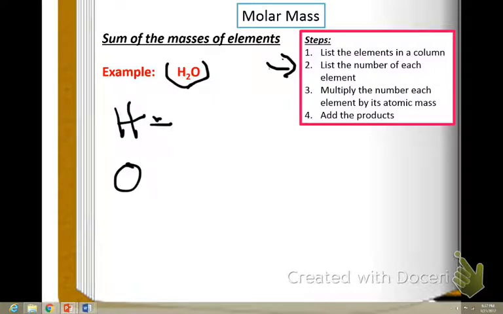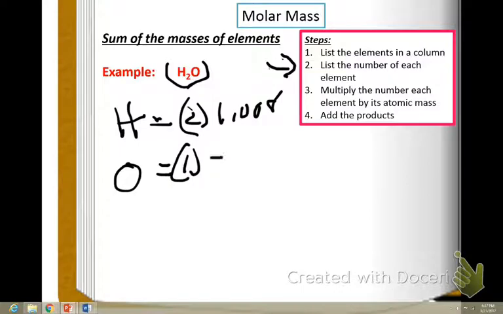Hydrogen has an atomic mass of 1.008, and oxygen, there's 1 of them, has an atomic mass of 15.99.